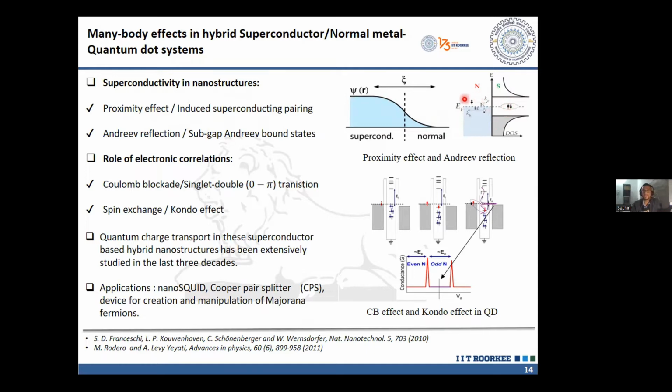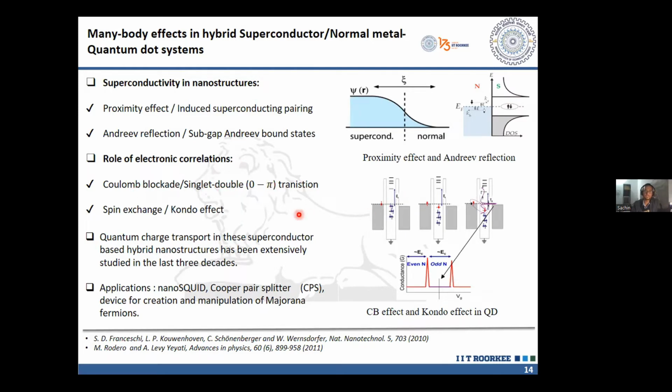This is a very important mechanism to carry current within the superconducting gap, where there are no quasi-particle states.